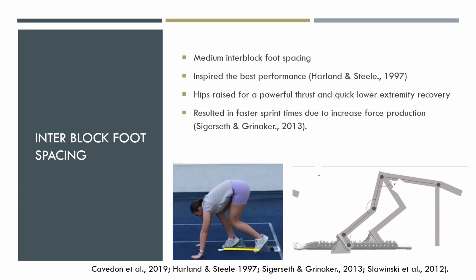In the work of Schutt, Seth, and Grenadier, every sprint race distance was completed in significantly less time from the medium starting blocks than either a bunched or elongated position.